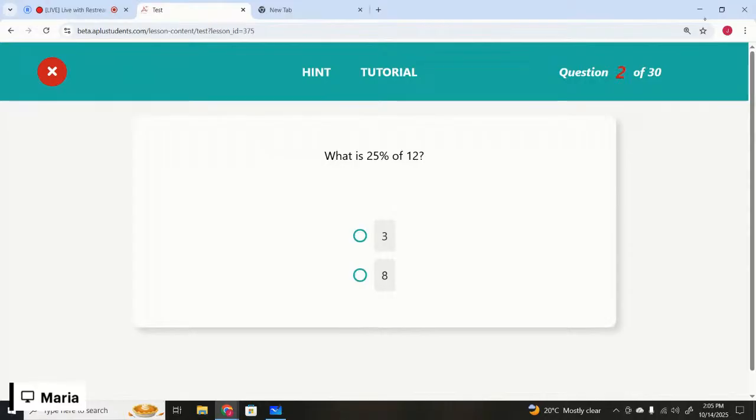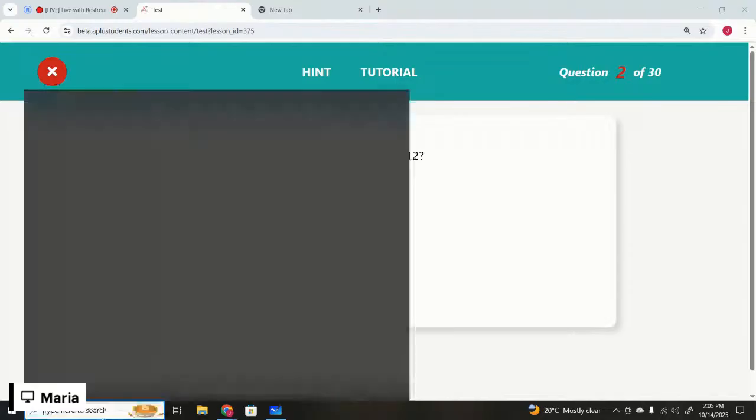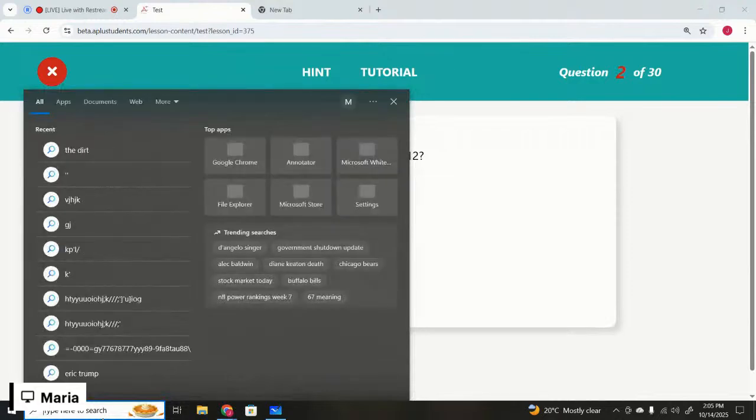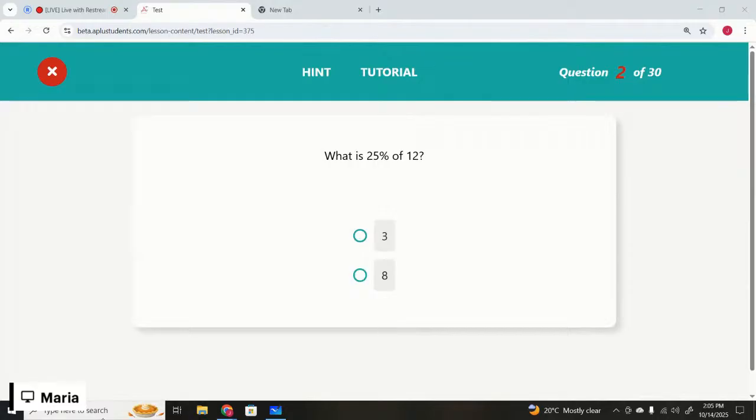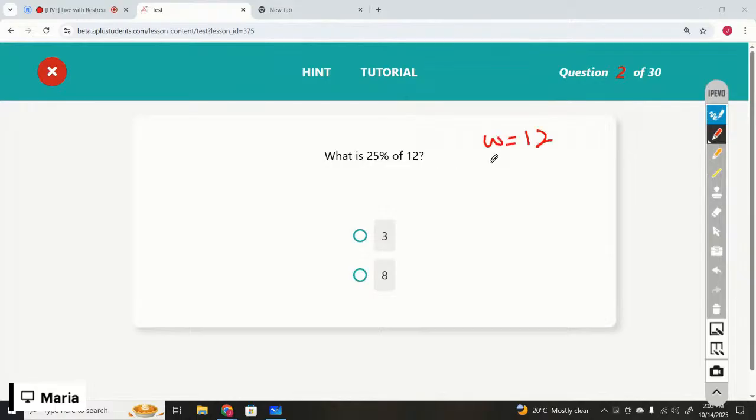What is 25% of 12? So the whole number is 12, and we need to calculate 25% of it.